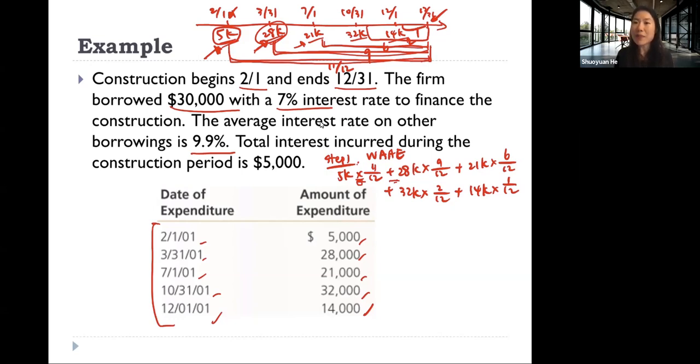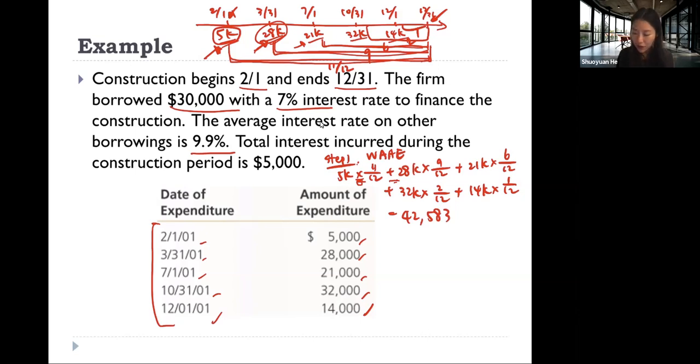Because of the timing of these expenditures, they're not all equal, and that's why we need to weigh them according to the months we're using those expenditures in the project. And this will give us $41,583.